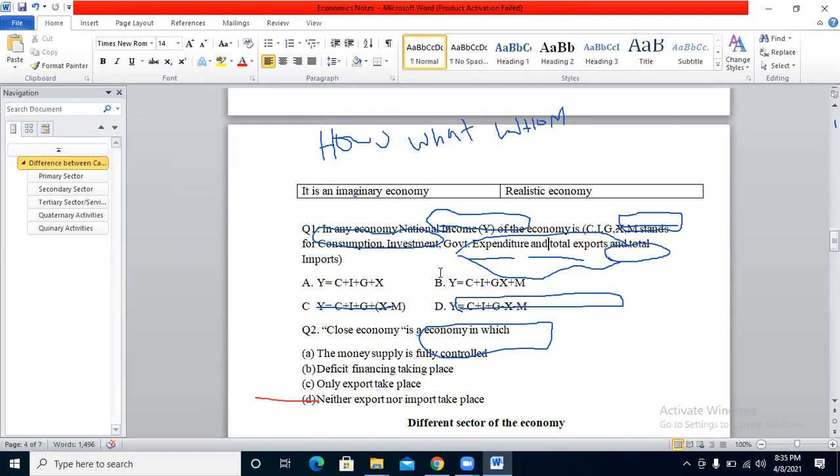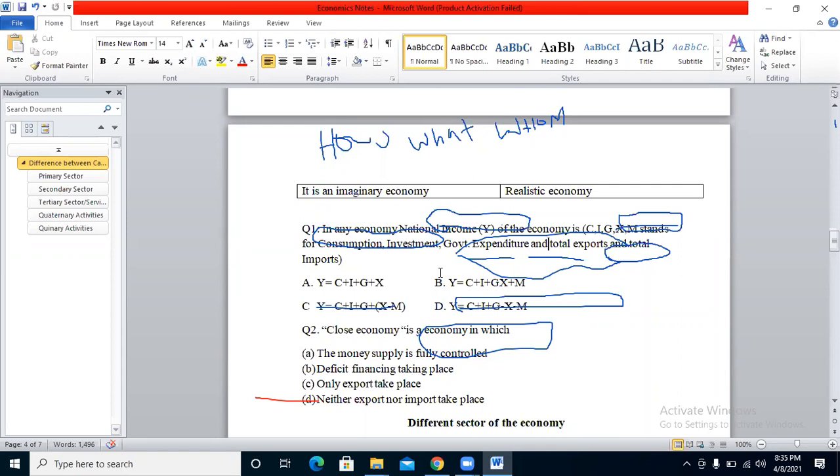So you understand what question the UPSC asked on the basis of the basic concept of economics. Y is the total income, meaning total economy. C stands for consumption, I for investment, G for government expenditure, X for total export, and M is the total import.